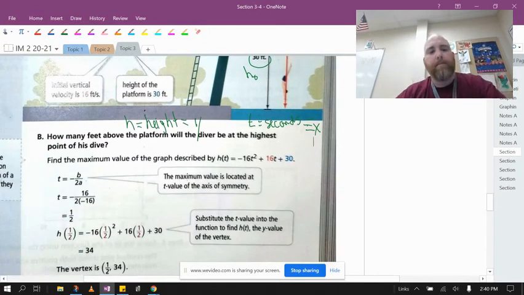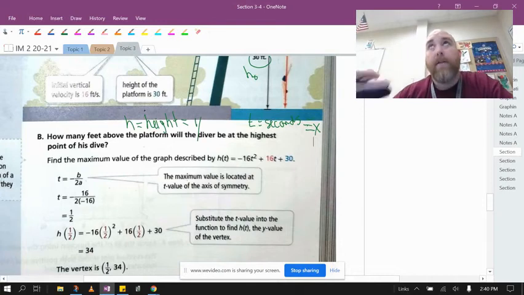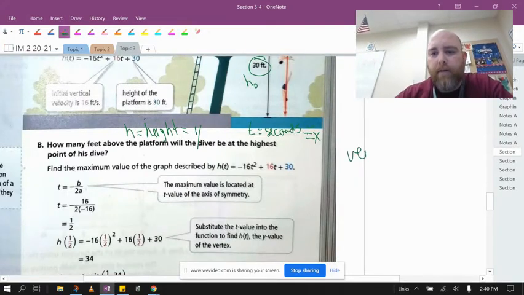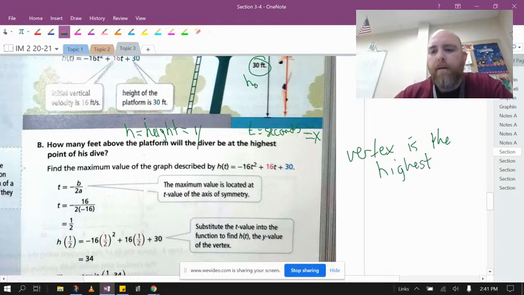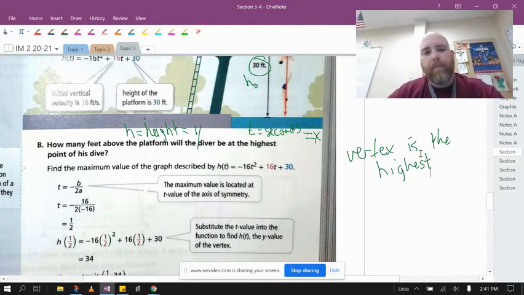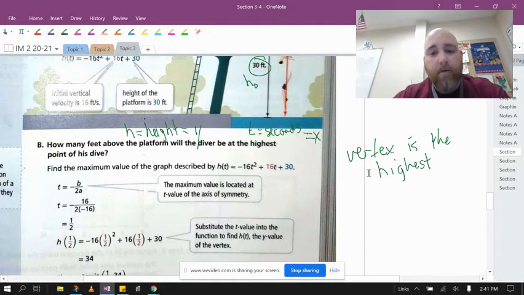The highest point, and we got an upside down parabola, so the vertex is the highest point. We get an ordered pair, which gives us our time, x, and y, height of our vertex. So again, if it's in standard form like it is, you do your t equals negative b over 2a, just like we did in class.